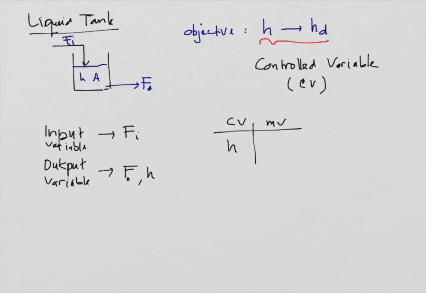Maybe we adjust the variable Fi. Yes, we can adjust variable Fi to maintain the H, or maybe we can adjust the variable output. By adjusting this variable output, we can maintain the H, the level of liquid in this tank.